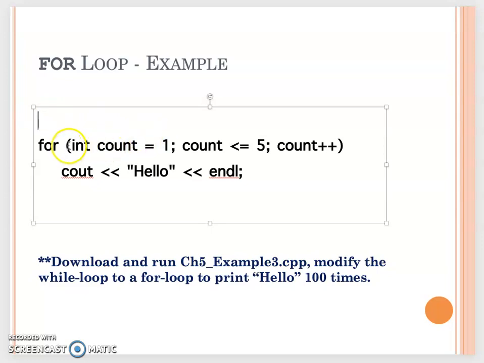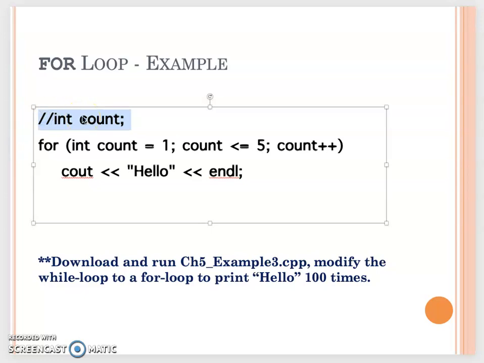Actually, usually we do it this way, because most of the time the counter is used for the for loop only. So that's why you can declare this variable inside the initialization. But if you want, like earlier I showed you, I declared count outside. That is also okay. It just depends on whether you want to use it afterward or not.